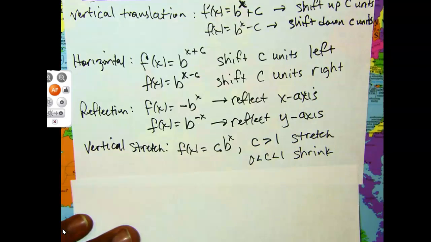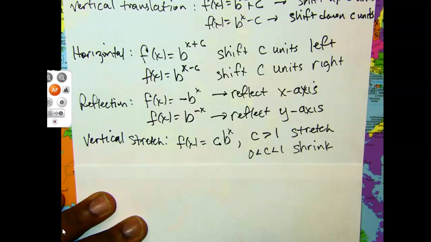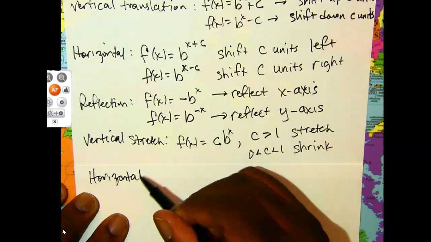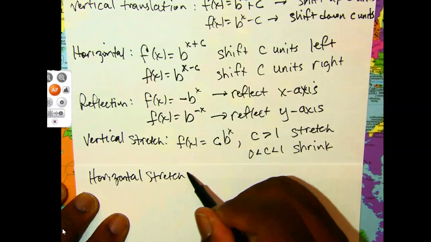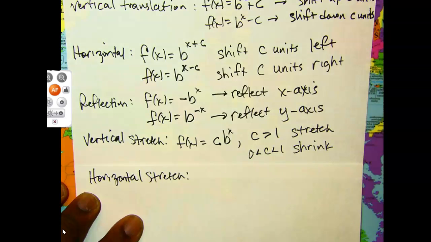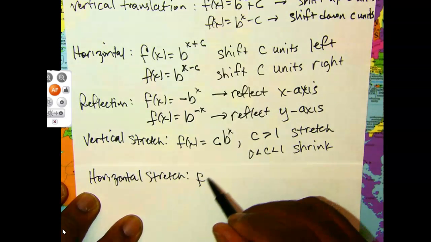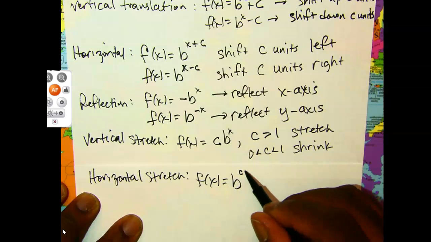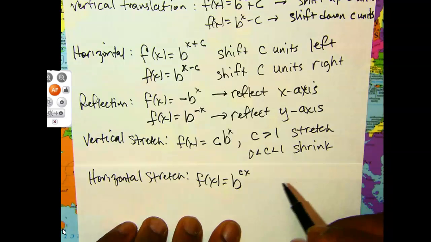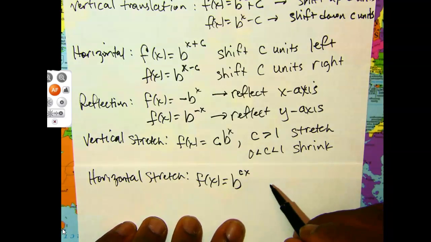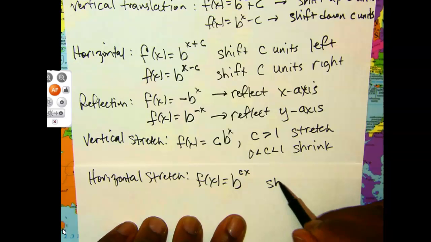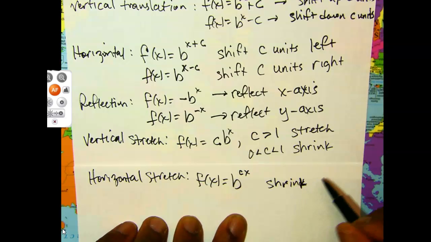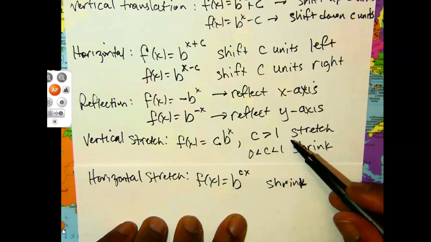And our horizontal stretch and shrink. So with that one, that's f of x is equal to b to the c times x. So here this is horizontal, so you will have a shrink. So this is kind of counterintuitive to the vertical.